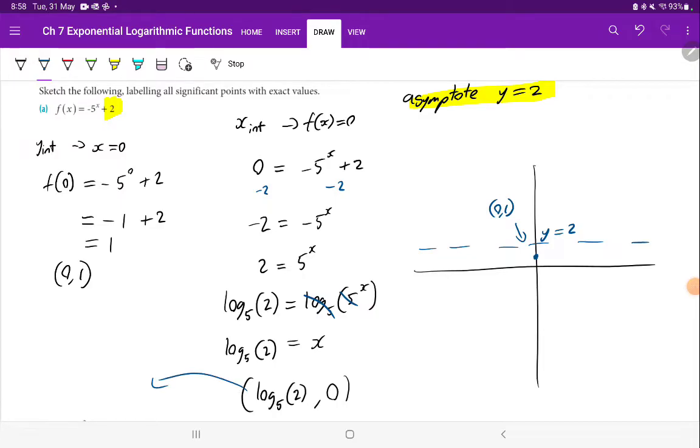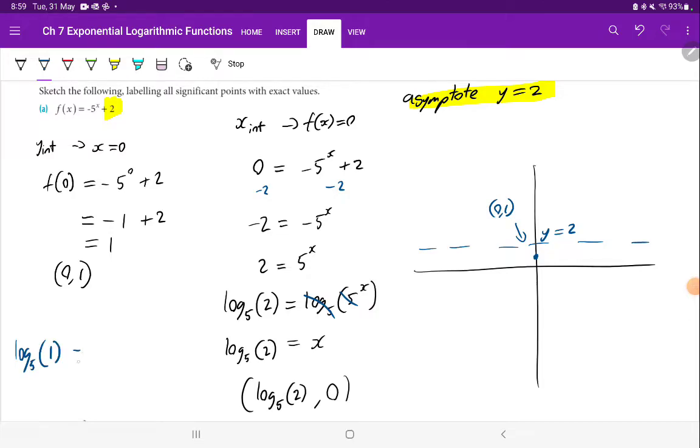Well, let's think about logs that we do know. So log base 5, what's a number that we do know? Well, we know log base 5 of 5. And we also know log base 5 of 1.